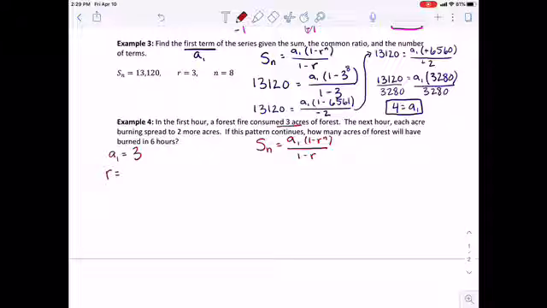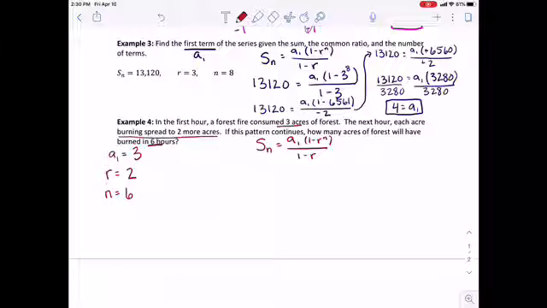It says the next hour, each acre burning spread to 2 more acres. So my rate is 2. I'm multiplying by 2 each time. Then the last thing I need to know is the n. It's how long we're going to be measuring. This says if this pattern continues, how many acres will have burned in 6 hours. So I know that my n is 6.